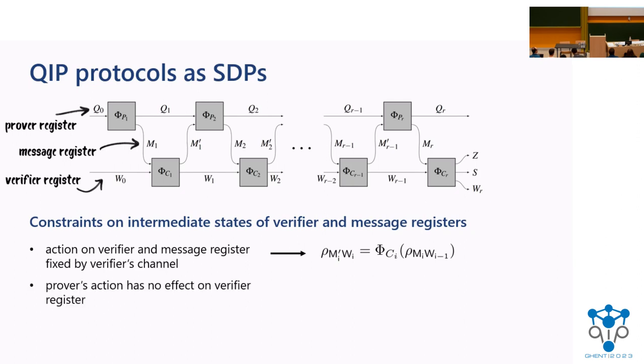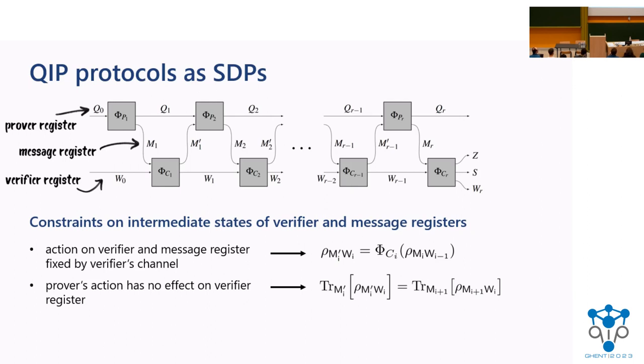The second constraint is that the prover's action cannot have any effect on the private workspace register of the verifier, which is clear from the picture already. So in equations, if I take an intermediate state here, and I trace out the message register, so I just look at the reduced state on W1, then this must be the same as if I had taken the state after the prover had applied its map and traced out this updated message register.